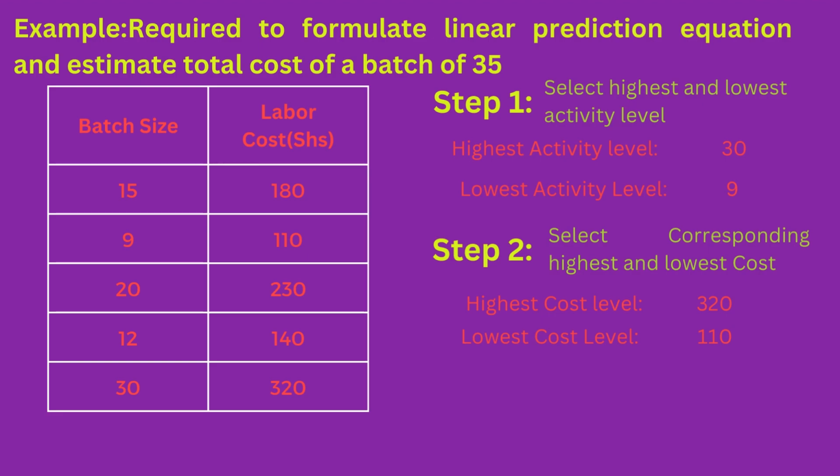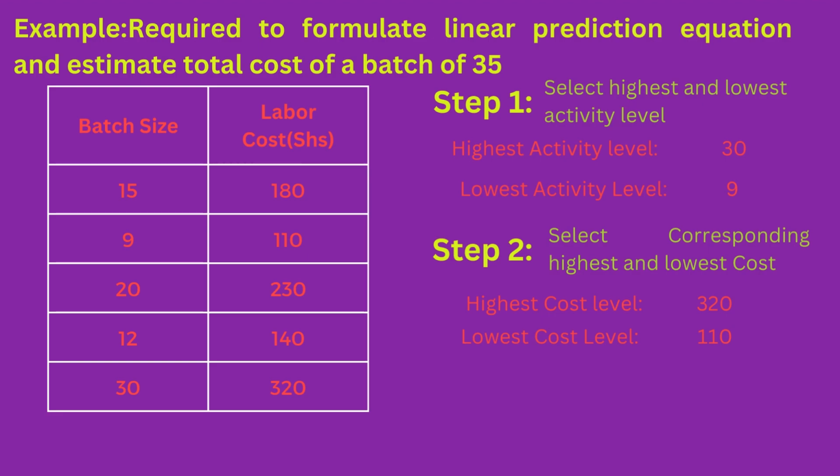The method takes the highest and lowest activity level. Step 1, select the highest and lowest level. For example, the highest level is 30, which is the last one, and the lowest activity level is 9.